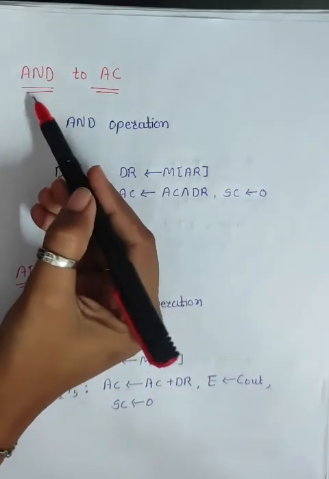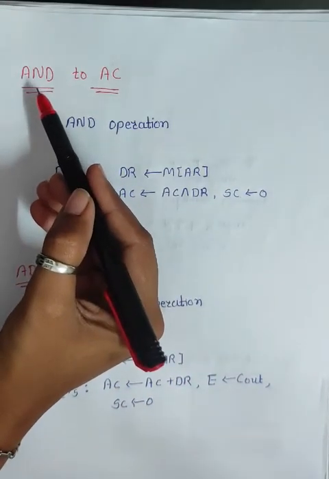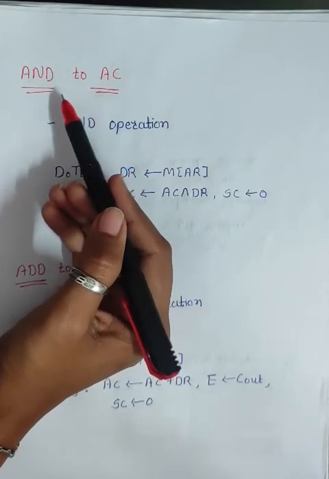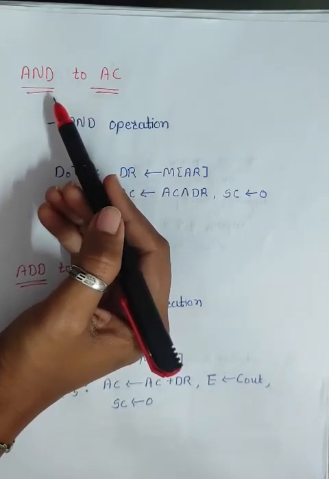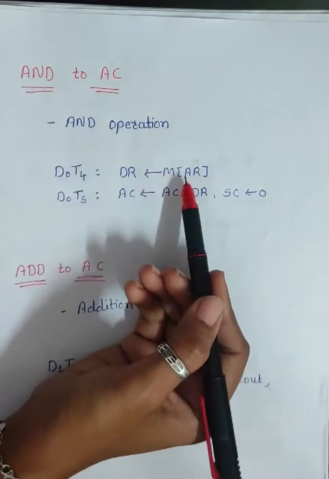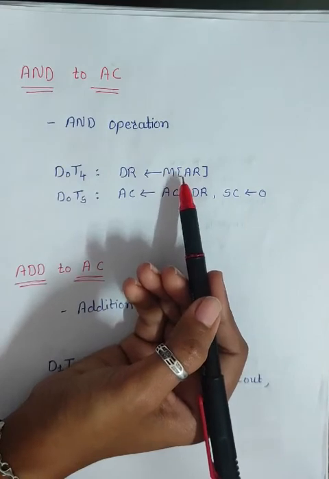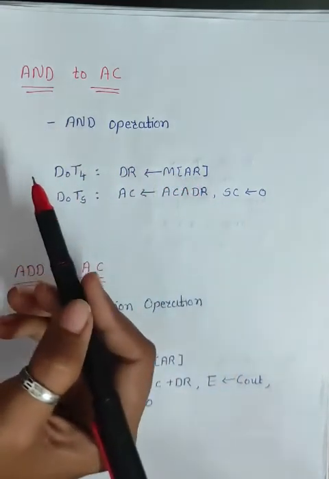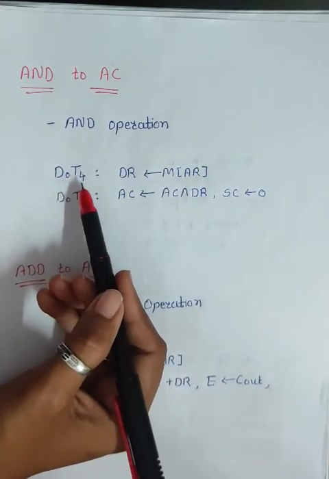So the first instruction is AND to AC. That means we are performing an AND operation between the content available in my accumulator and the memory word specified by the effective address, which is already stored in AR. Now you might wonder why I have written D0 and T4.